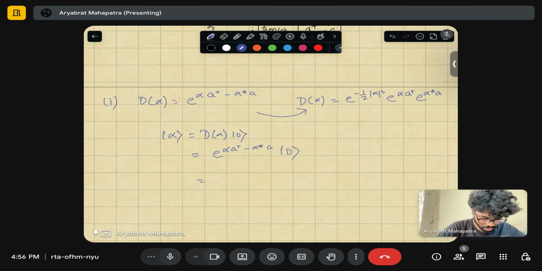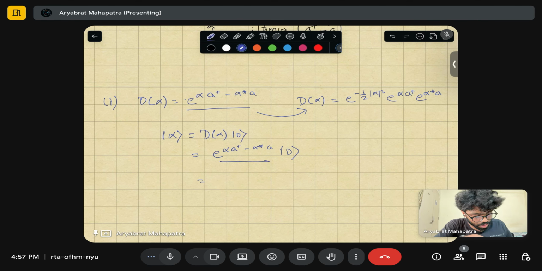If you use D alpha which we have written here, and use this expression to operate on the ground state, so you write the exponential of this thing acting on your ground state 0, then how will you proceed from here?